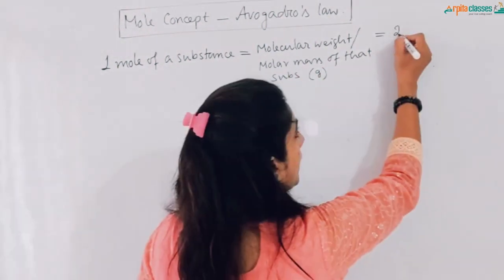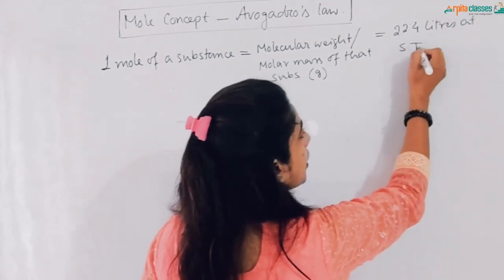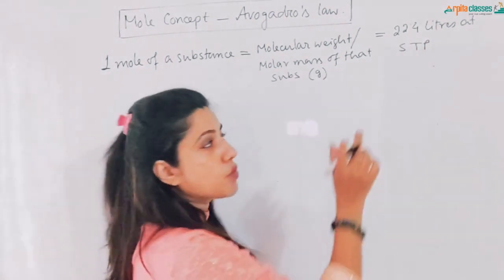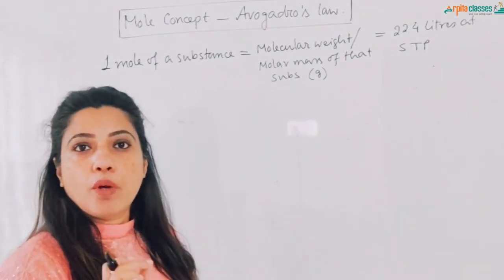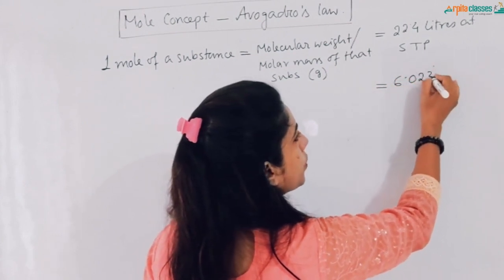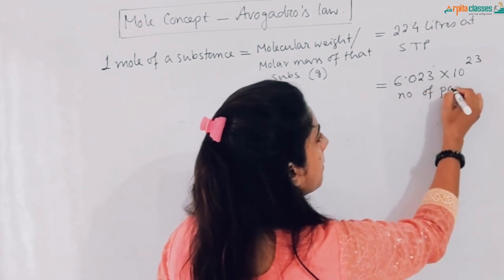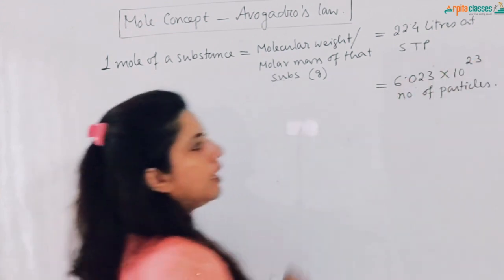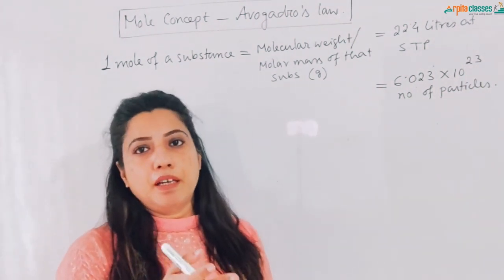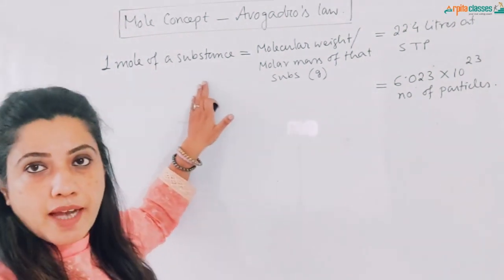That is equal to 22.4 liters at STP. So 1 mole of any substance can be expressed in volume. Liters means it is volume. That is equal to 22.4 liters at STP. And that is equal to 6.023 into 10 raised to power 23 number of particles. Now, when I write particles, it can be atom, it can be molecules, or it can be ion, depending on the substance we have.